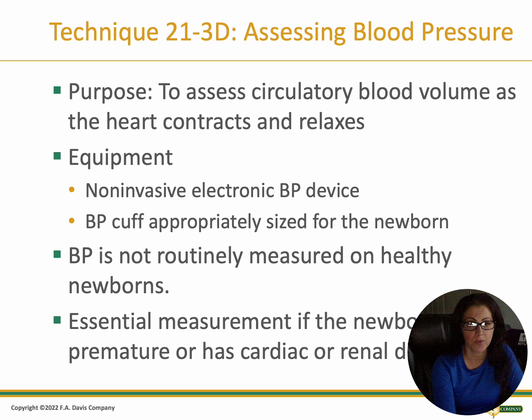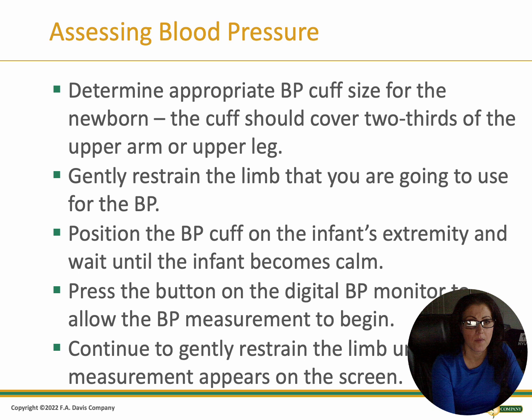You want to assess their blood pressure, and usually blood pressure is checked only one time. It's not routinely checked in the pediatrician's office. And the cuff should cover about 2/3 of the upper arm or the upper leg.